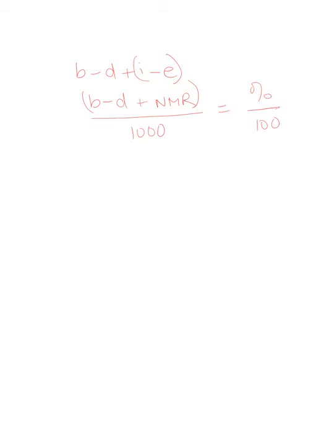If I cross multiply by 100, births minus deaths plus net migration rate equals that percent change out of 1,000. If I cancel zeros, I end up with 10 on the bottom. Or you can take 1,000 divided by 100, and you'll have 10 left on the bottom.